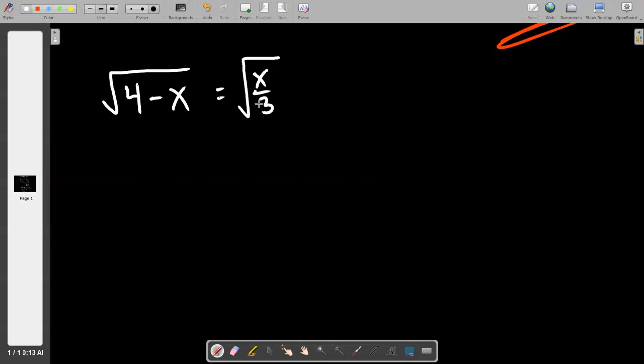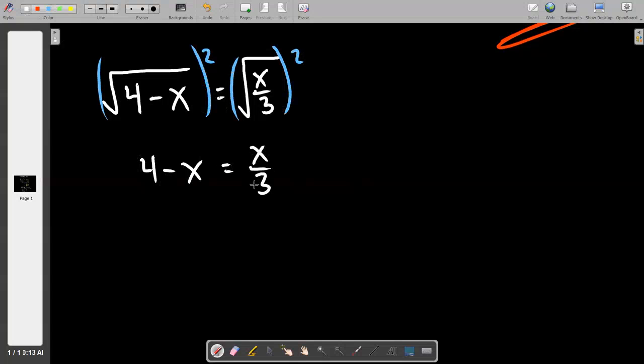Fractions. I don't know why they cause people such misery, but they do. Step 1 is still just to square both sides. You've got a root equal to a root, so you just get rid of those roots. If I square the left side and the right side, I'm left with basically the same equation. And then you get this.